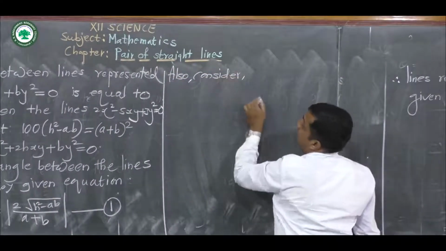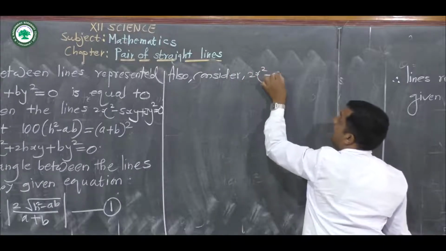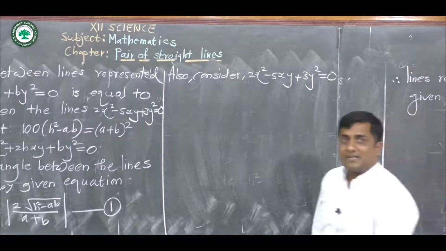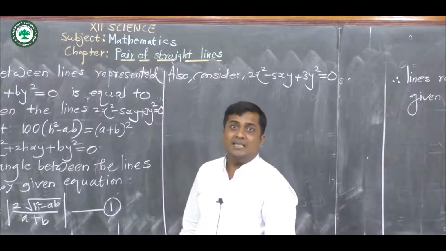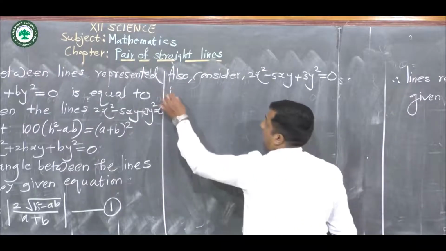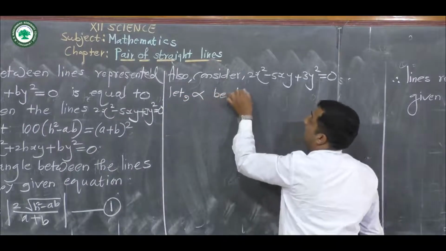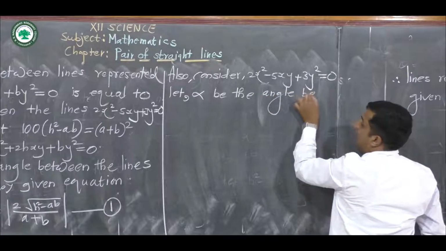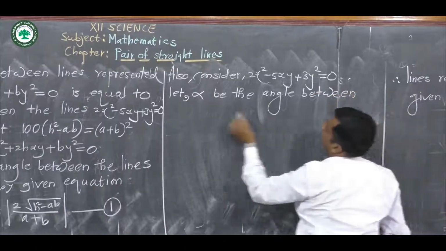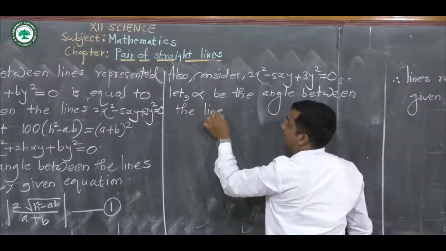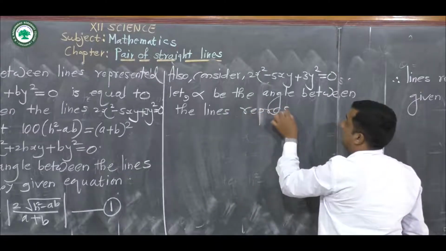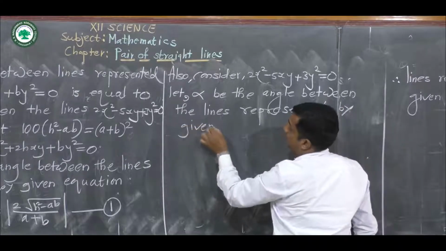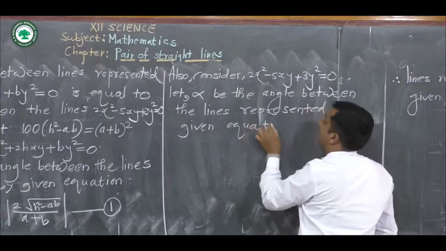Let alpha be the angle between the lines represented by the given equation.